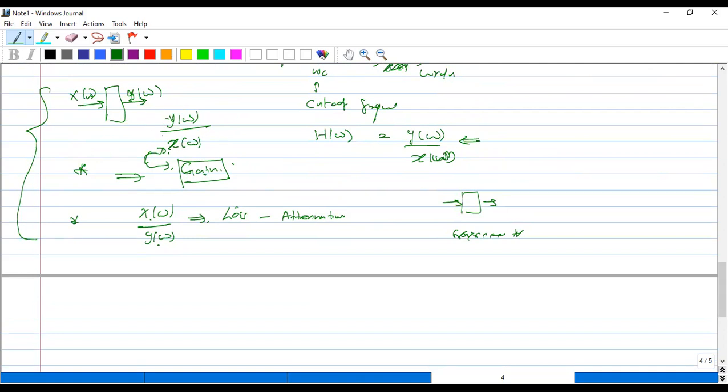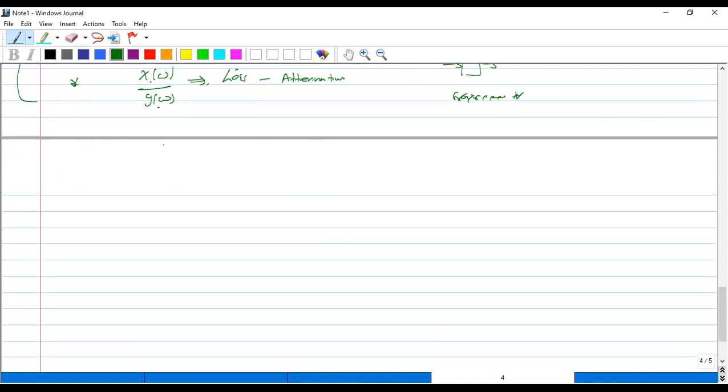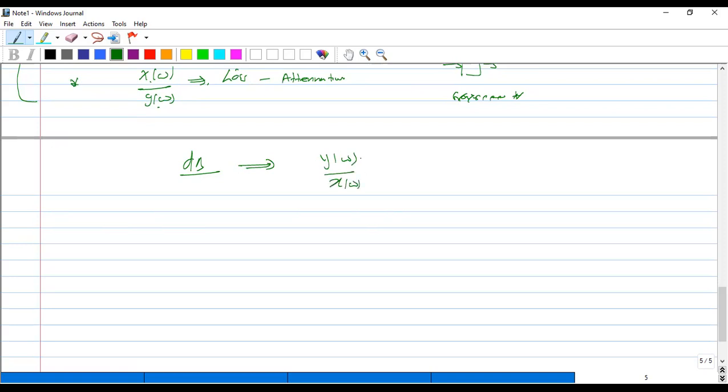Normally you measure this gain using dB. This is a ratio, output divided by input, and for a ratio we like to use dB. You know what dB is? We put 10 log 10 to the system, Y omega divided by X omega.